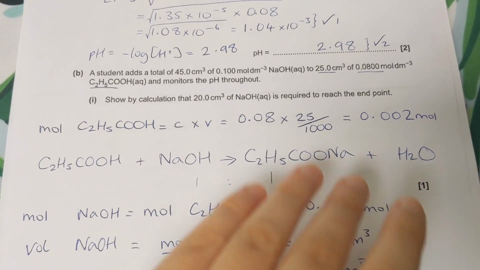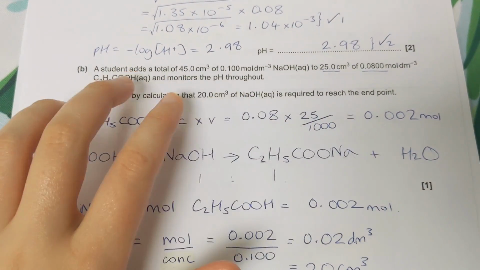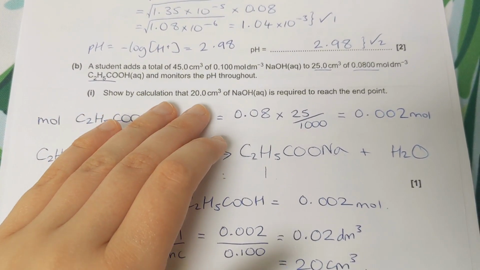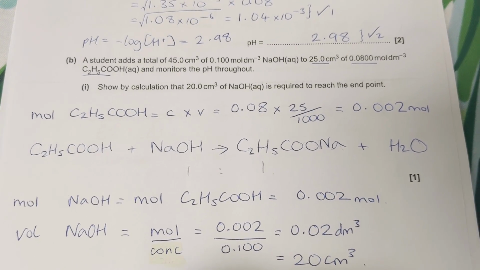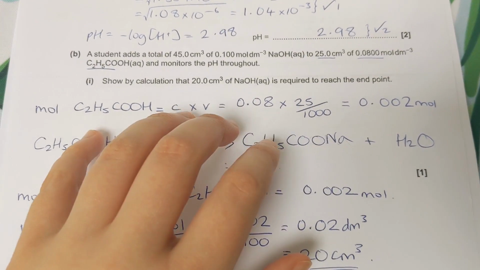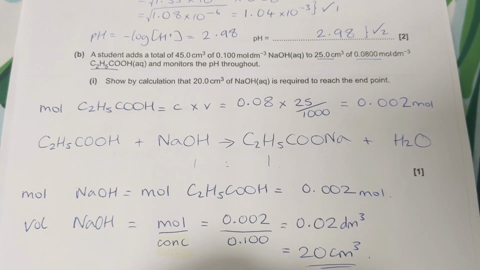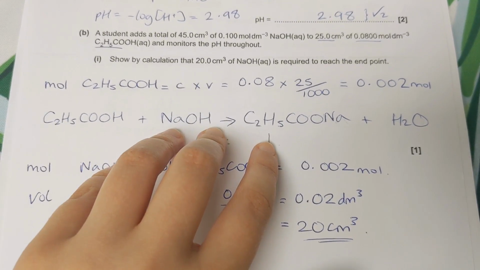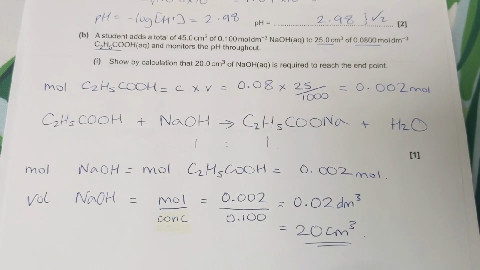In part B, we're mixing together an alkali and a weak acid. So we've got a strong base and a weak acid. It says, show by calculation that 20 centimeters cubed of sodium hydroxide is required to reach the end point. The first thing we're going to do is calculate moles of the propanoic acid, doing concentration times volume. Then I did the balanced equation so we can see it's a 1-to-1 ratio of the alkali to the acid.